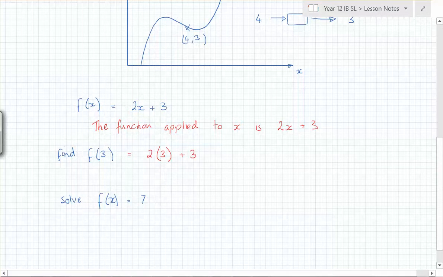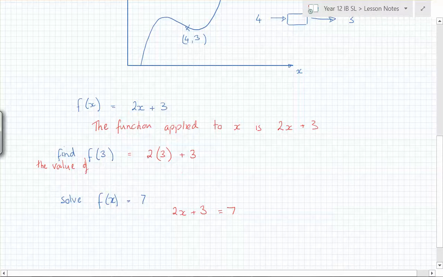Okay, so I substituted the x for the 3, that's what I'm doing. I'm substituting. Right? If I say solve f of x equals 7, what am I going to be doing? 2x plus 3 equals 7, and I'm going to solve that. So I could be saying, if I want to do more vocab, find the value of f of 3, or it says solve f of x equals 7.